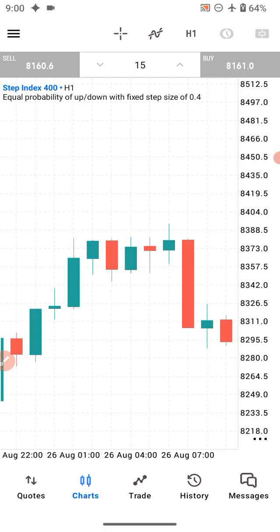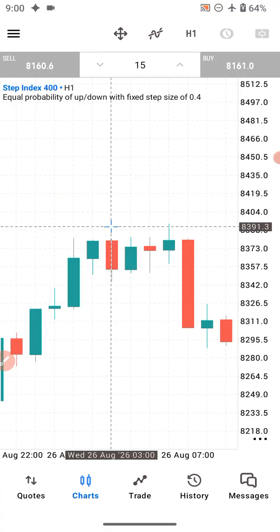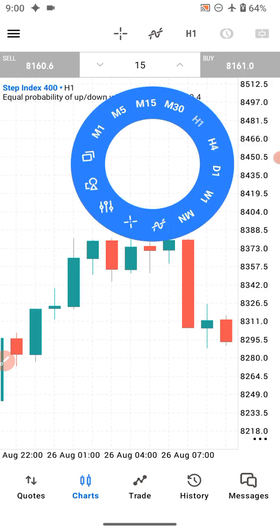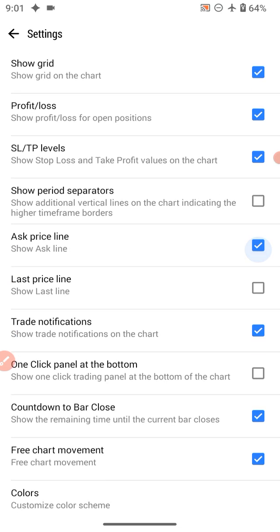Let me go back to the MT5 chart so you see all this on display. So let me use this so you see what I'm talking about. When I use this arrow line, you can see there's usually a high, low, and all this, but I think it's usually in the settings. So let me just go ahead and put it so that you see it right now.